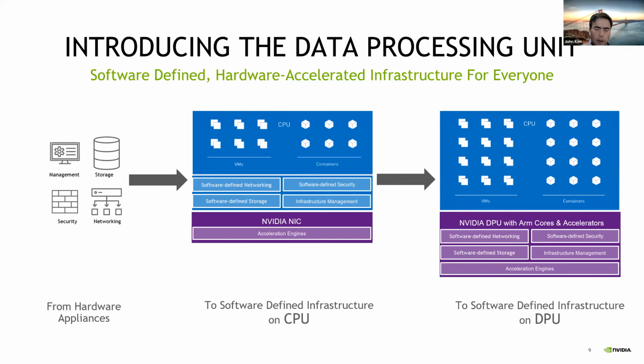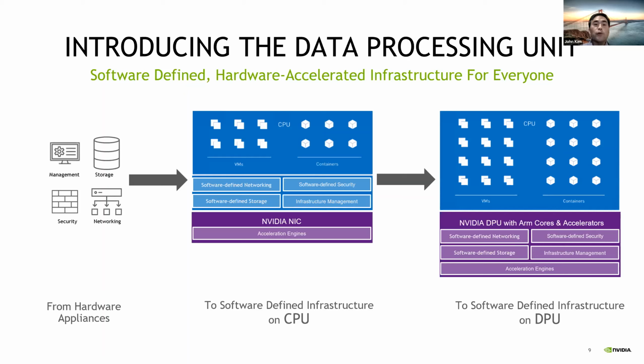applications. The answer is to move a lot of this infrastructure to the DPU. And we see on the right side, we have the infrastructure. It's still software defined, but it's now hardware accelerated by the DPU. So the DPU, all those tasks for networking, data movement, security, storage, and infrastructure management are now on the DPU hardware, where they're accelerated, and it no longer needs the CPU cores.